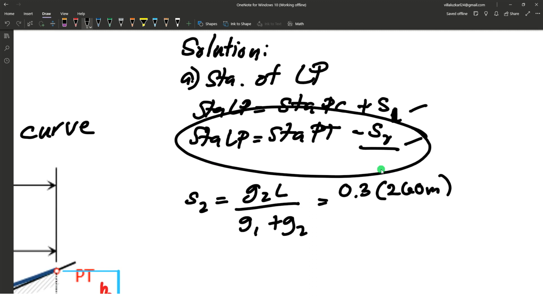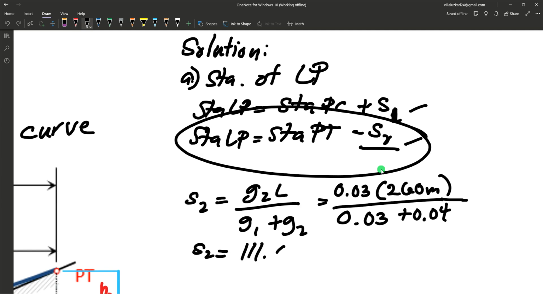You have 260 over 0.03 plus 0.04, with G2 being 0.03 in the numerator. S2 therefore is 111.429 meters.